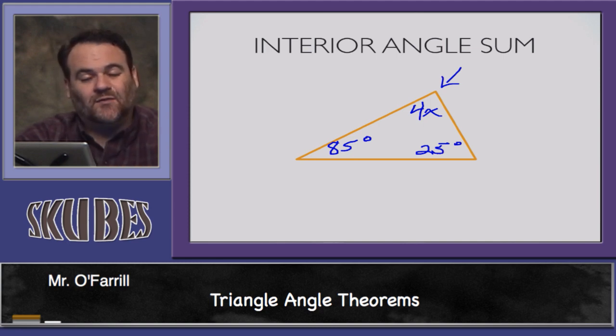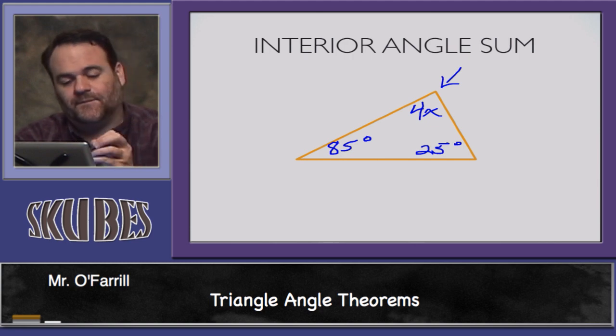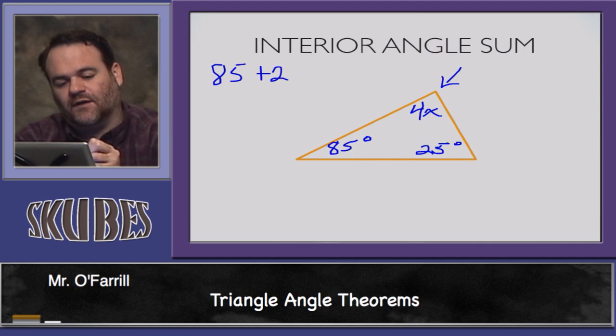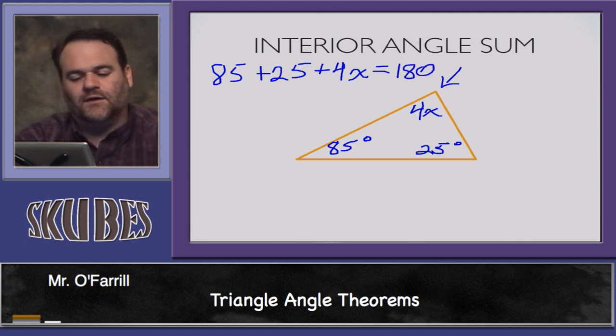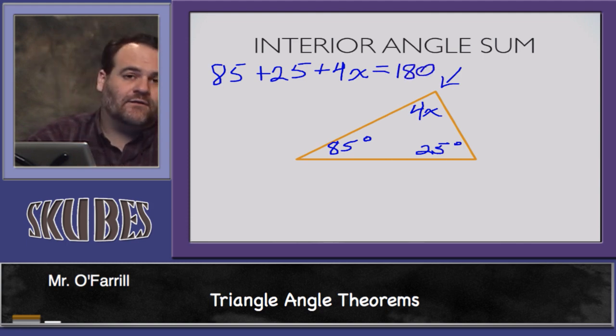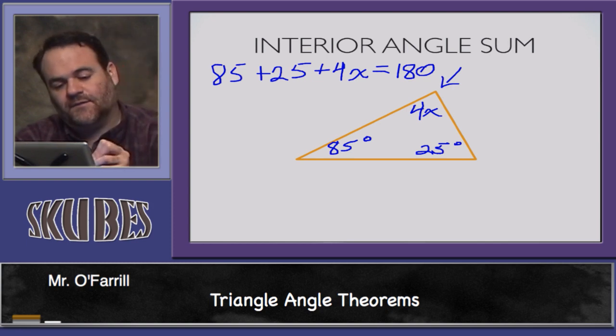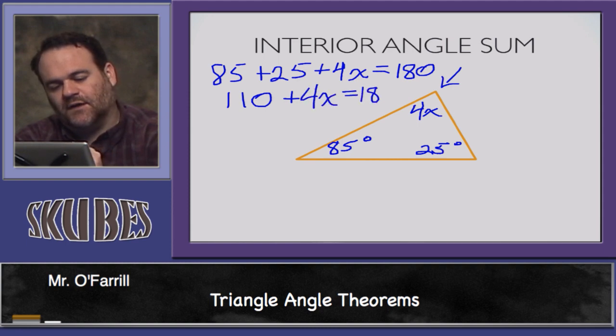Once again, the sum of the interior angles is 180 degrees. So 85 plus 25 plus 4x equals 180. 25 and 85 added together will be 110, plus 4x equals 180.